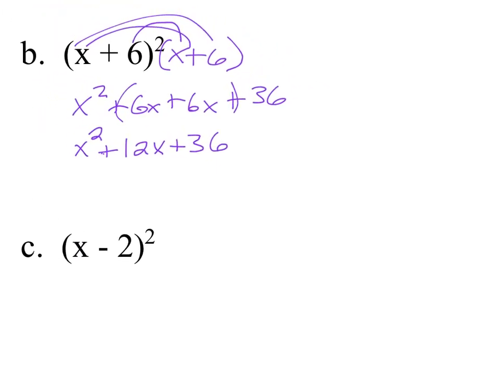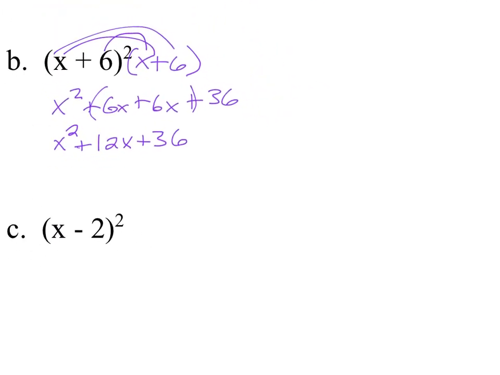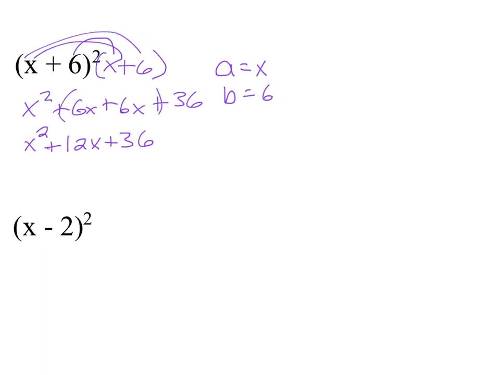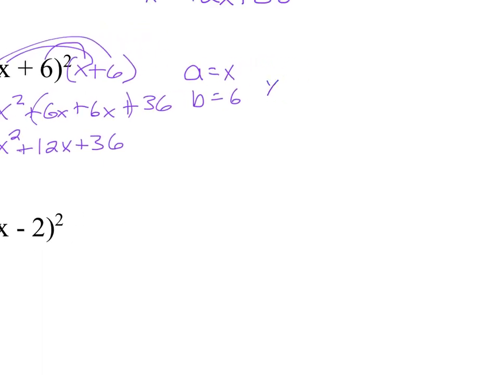So let's look at this with the formula we have. A is x, b is 6. Our formula is a squared, so I have x squared. Whatever the symbol in the middle is, in this case, it's a plus. So it's whatever this symbol is.